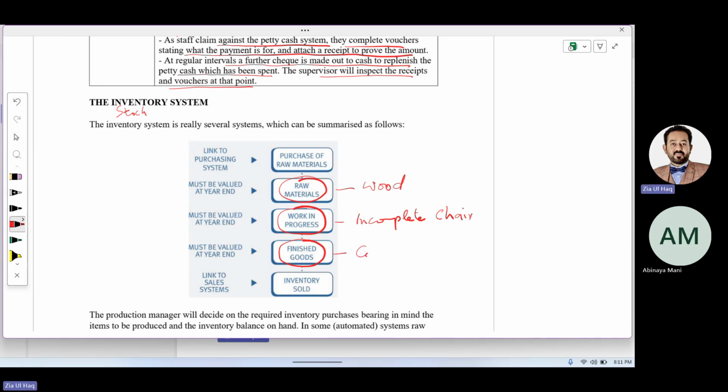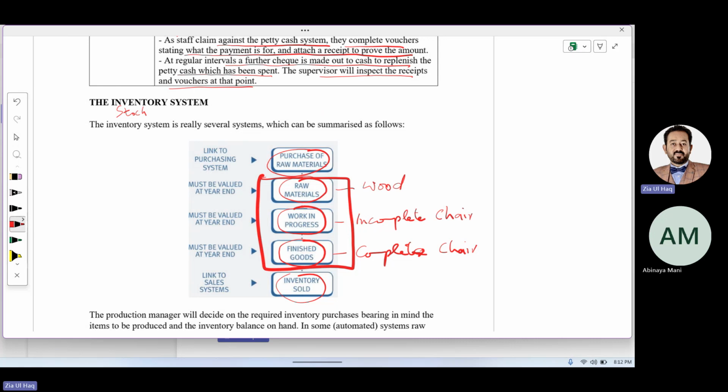And the complete chairs that we sell to the customer will be called finished goods. So raw material we purchase from suppliers and finished goods we sell to customers. But our inventory is of three types, including raw material, work in progress, and finished goods. All these three inventories we will add together.